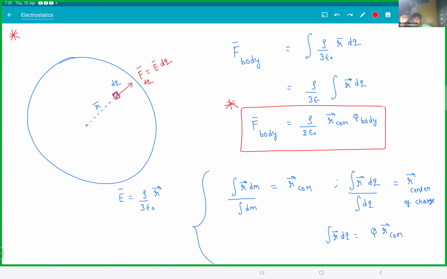Sir, could you explain once again what kind of element we are taking? Is it just a slice of the area, or a small element? A small dq element, negligible volume, doesn't matter. I want a point charge.